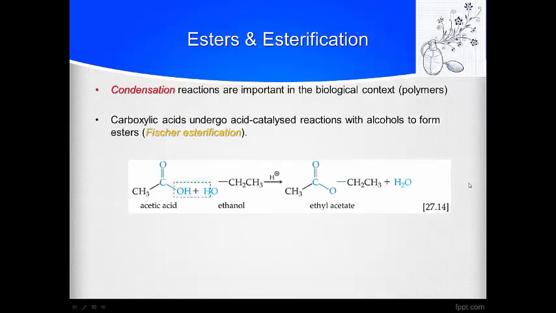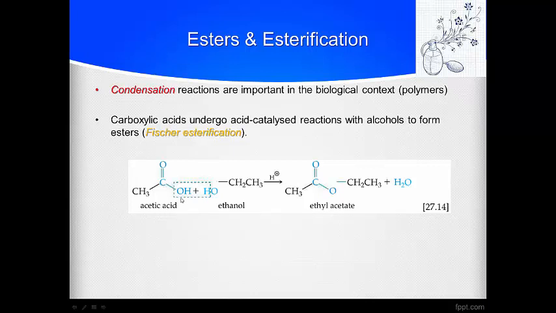So esters and esterification. Condensation reactions are important in a biological context, and we'll talk a little bit more about this with polymers. They undergo acid catalyzed reactions with alcohols to form esters. So our carboxylic acids form esters under acidic conditions with alcohols, and this is our Fischer esterification.